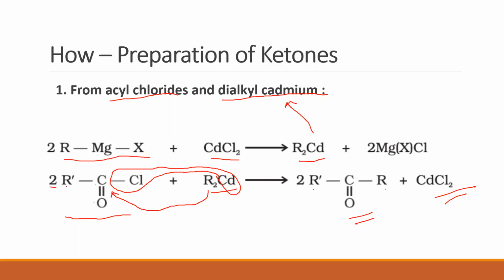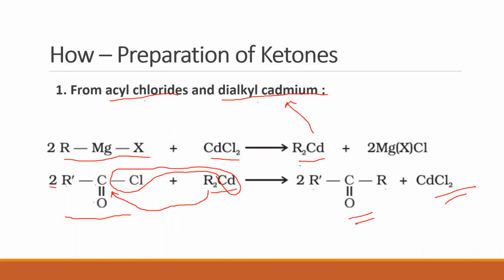Clear? So let me just go through this reaction once again. We need to react an acid chloride with dialkyl cadmium in order to get a ketone. I do not have dialkyl cadmium, so I need to prepare it before the reaction happens. In order to prepare dialkyl cadmium, I take cadmium chloride and react it with a Grignard reagent.